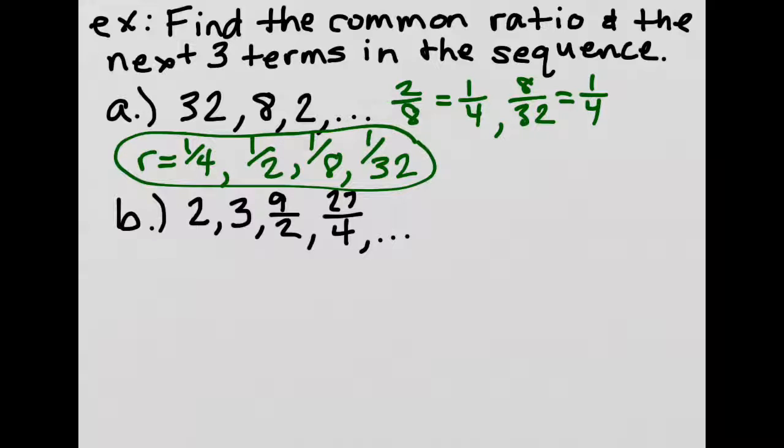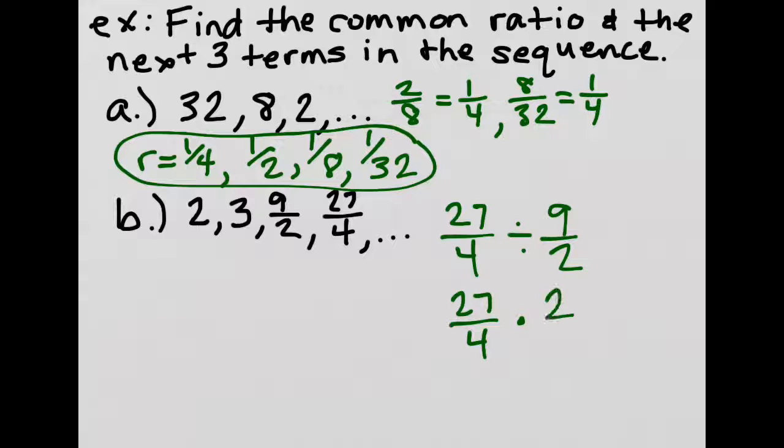For the next one, again, we're going to take the last term and divide it by the second to last term. When we do that, we will get 27/4 divided by 9/2. When we are dividing fractions, we keep, change, flip. We keep the first term, change division to multiplication, and we flip the bottom number.